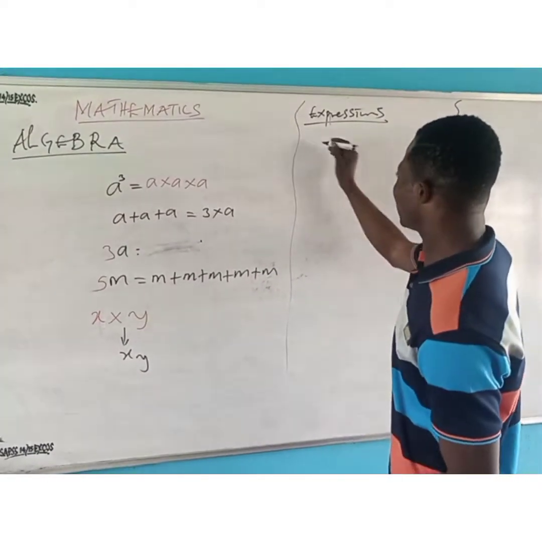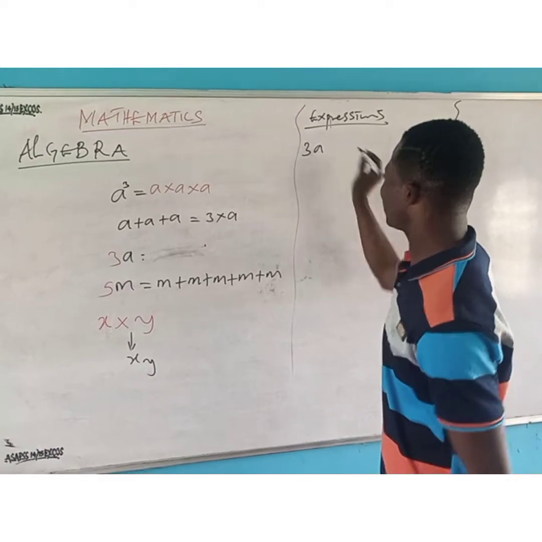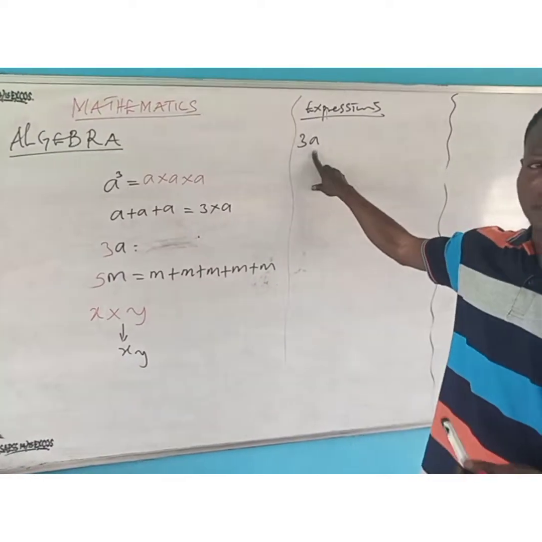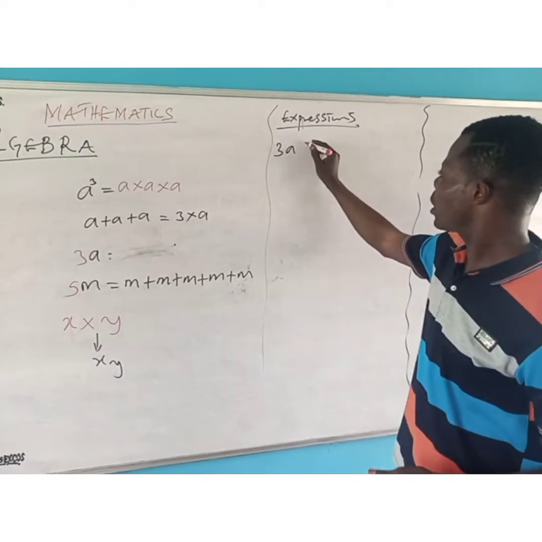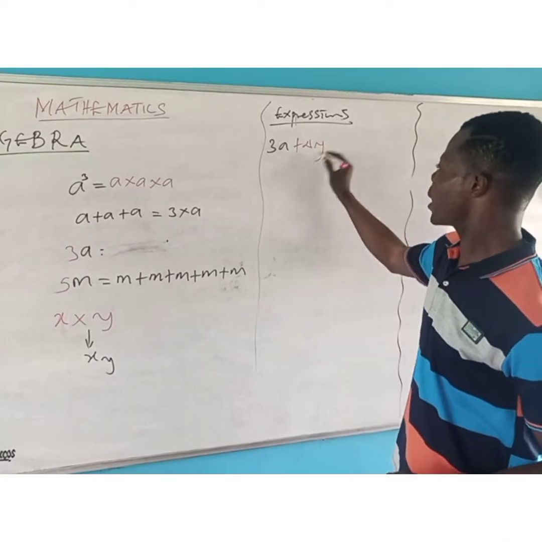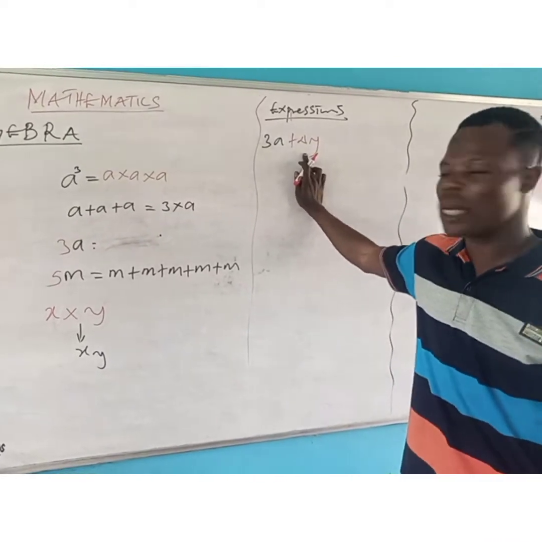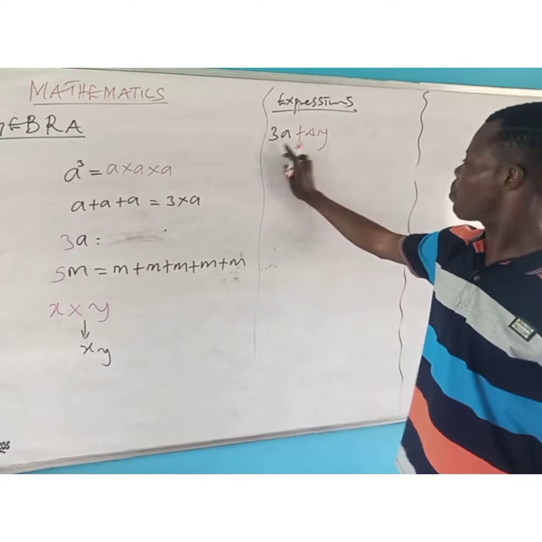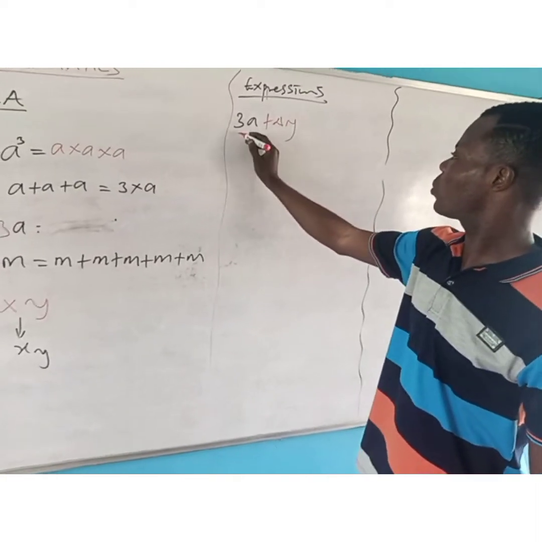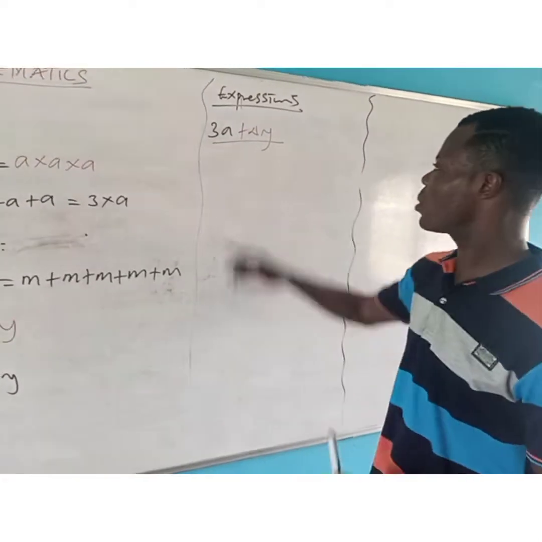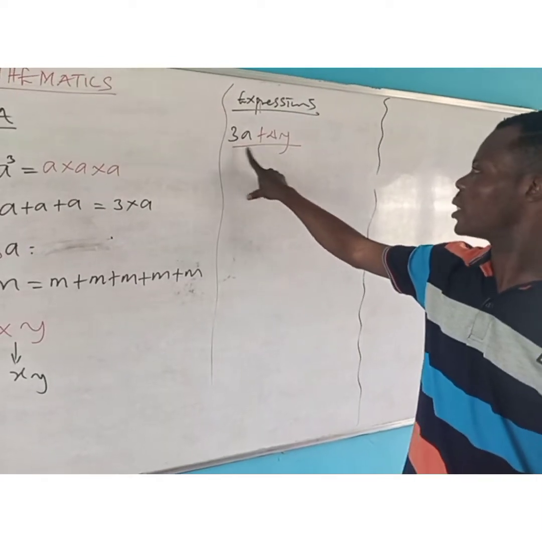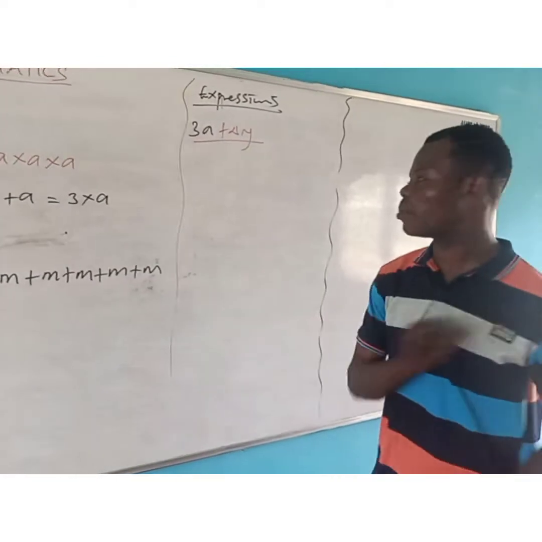When you have this, like I said, 3a is an algebra, right? And also, let's say plus 4y, this is also algebra. 3a plus 4y is what we call an algebraic expression.